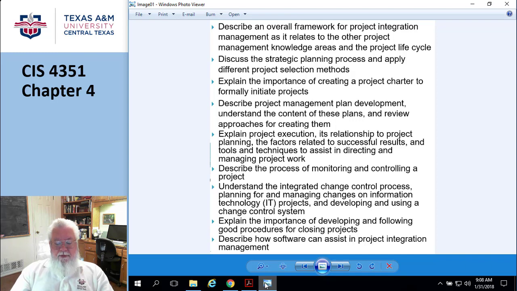All right. So on page 138, they talk about what is project integration management. And basically what it really means is the big picture. Okay, you're supposed to be coordinating your project or your phase. You may just be one phase of this thing with all the rest of the phases and with the corporate policies and everything.